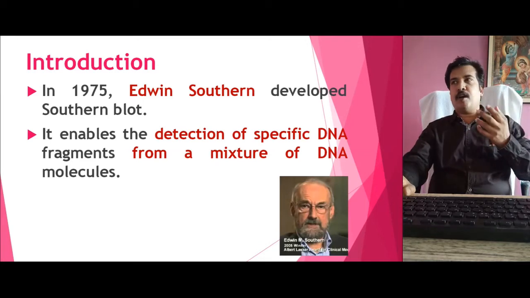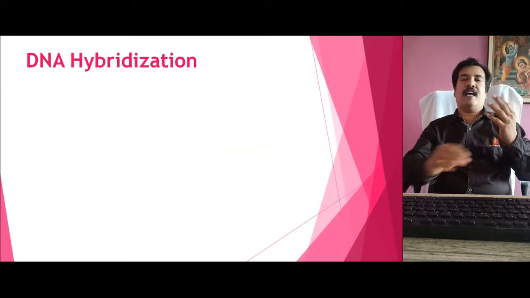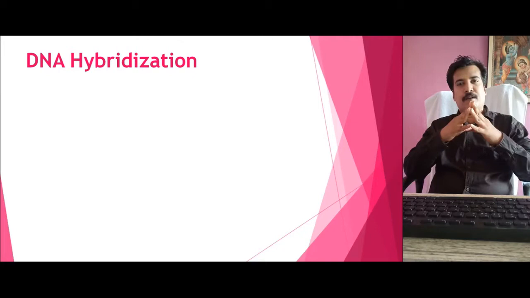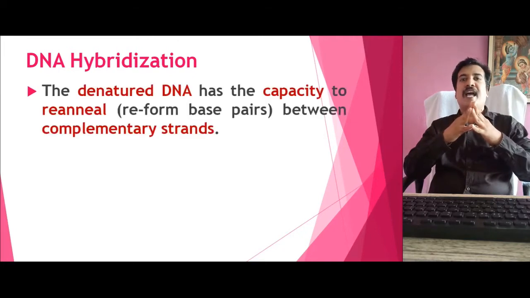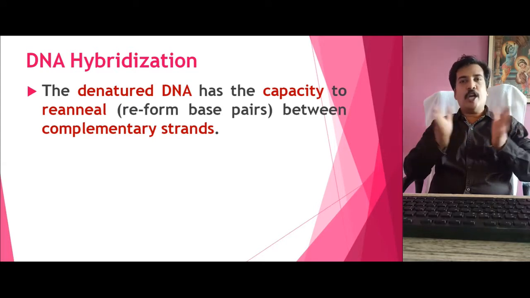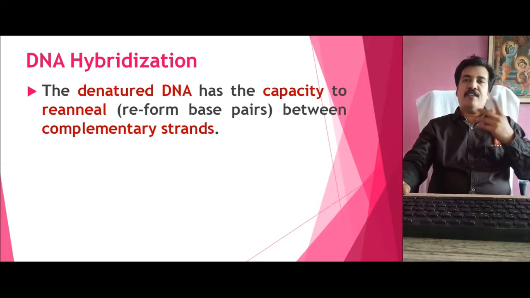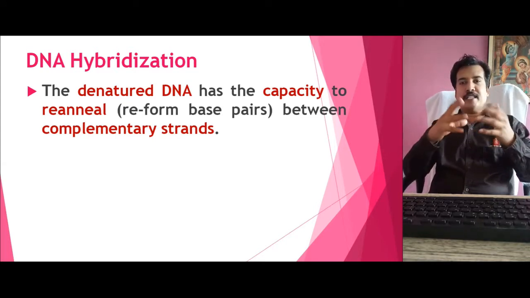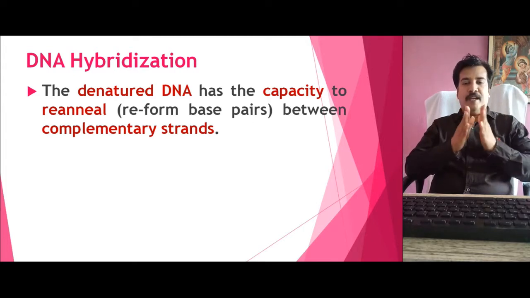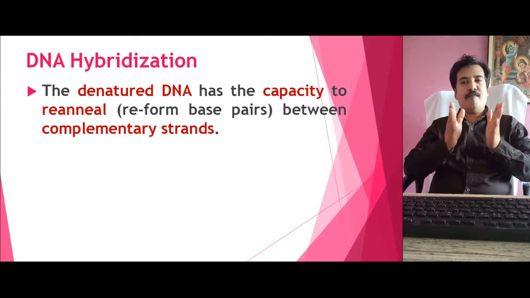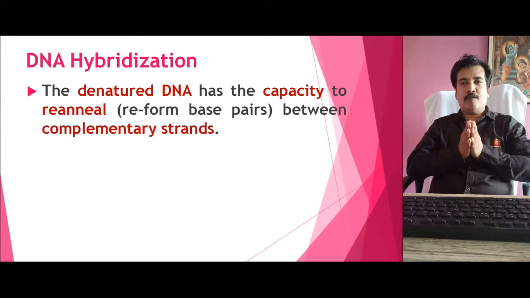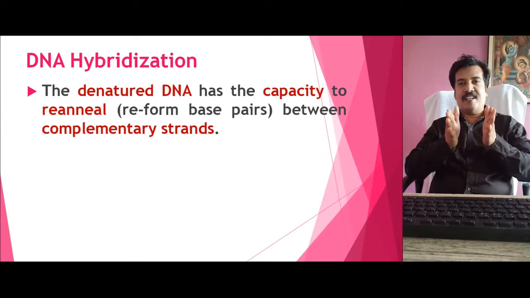Once we talk about the southern blotting technique, we can otherwise call it by a common term, DNA hybridization. Hybridization is nothing but joining together. DNA generally exists in a double stranded form, carrying two strands. When we heat these two strands, the double stranded DNA gets denatured and becomes two single stranded DNA.